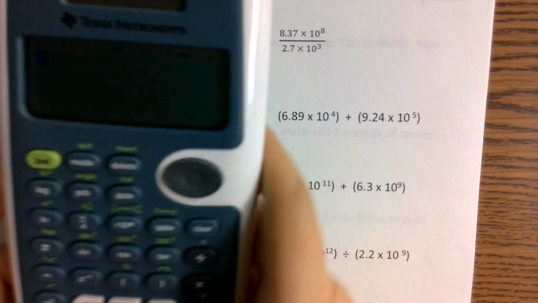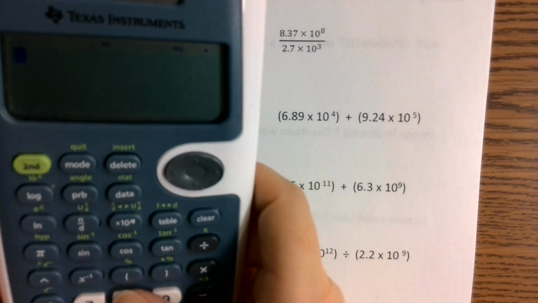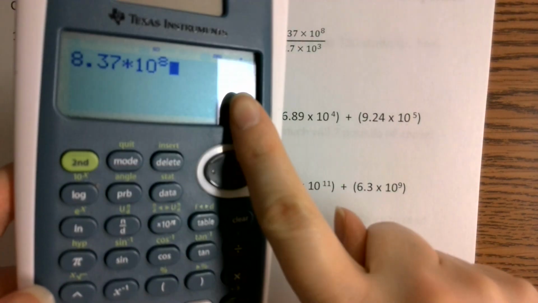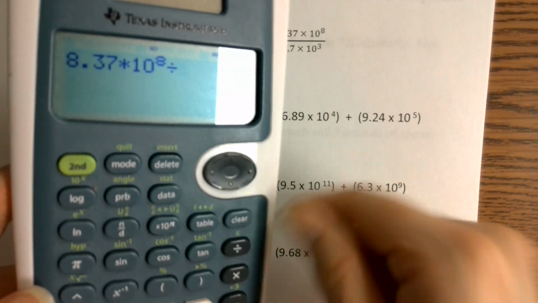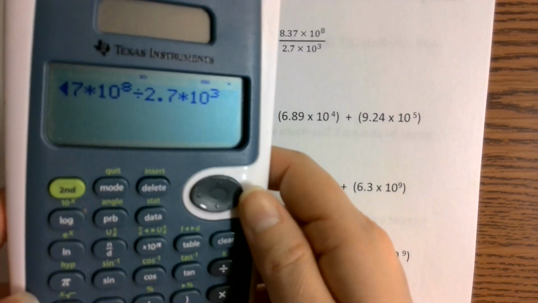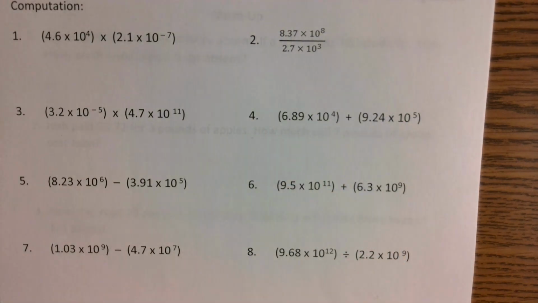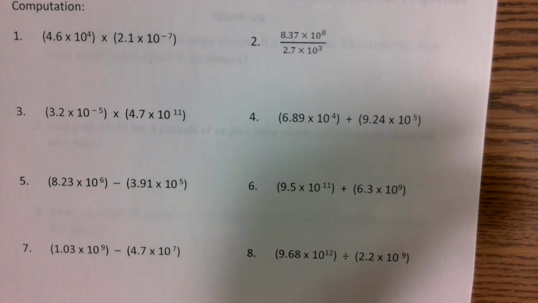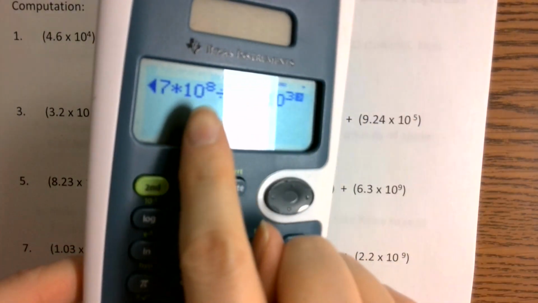My second two rows, I want you to just type in 8.37 times 10 to the 8th, and then hit divide. No parentheses, nothing of the sort, just hit a divide symbol, and then 2.7 times 10 to the 3rd. Okay? First row and second row, you're going to type it like a fraction. Third and fourth row, you're going to type it just as I said. No parentheses, but type it as a division problem.